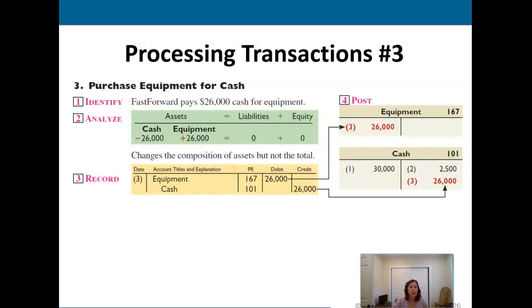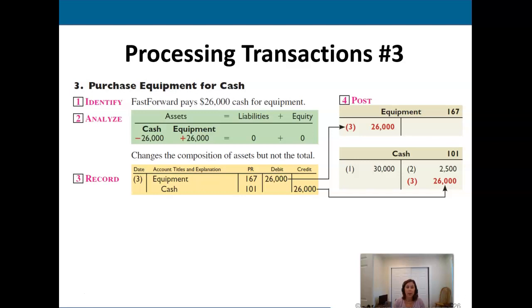And let's move on to transaction 3, which is purchasing equipment for cash. So again, ask yourself, all right, what accounts were impacted? Cash and equipment. What kinds of accounts are those in terms of this little balance sheet equation? Well, they're both assets. And so we have more equipment, so our balance in the equipment account is going to go up, and that is a debit for an asset.